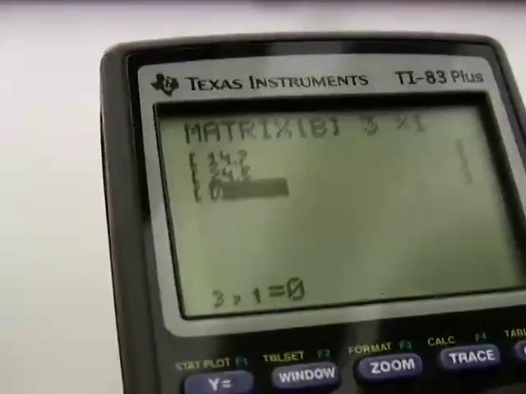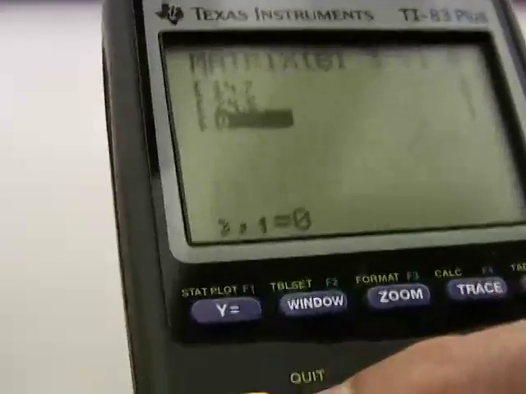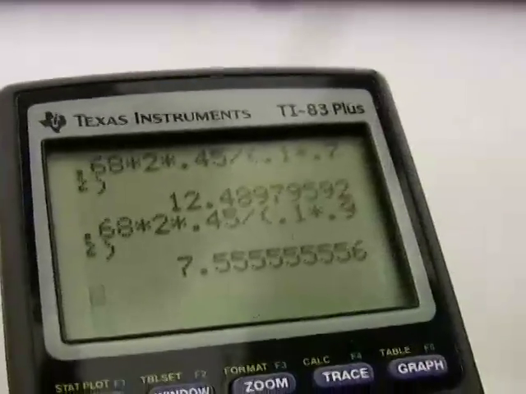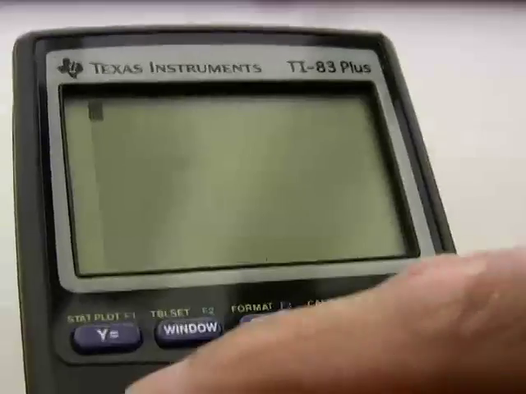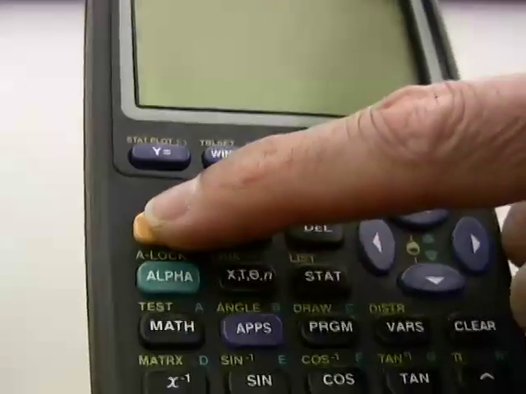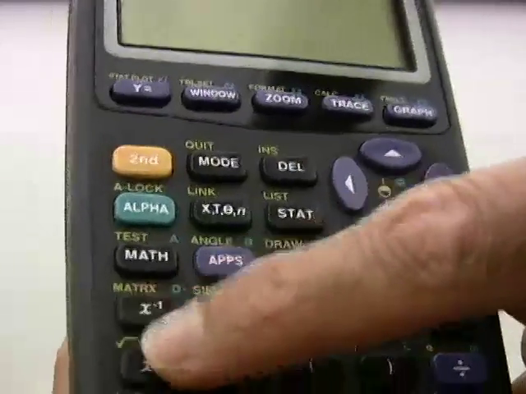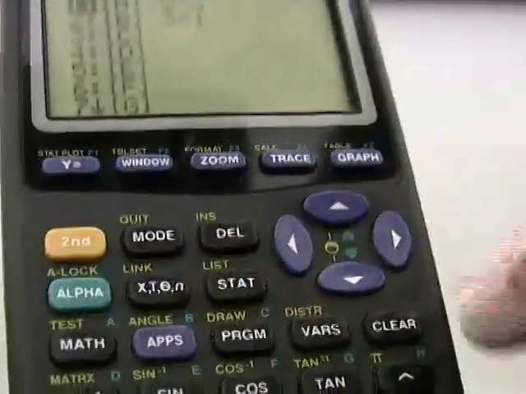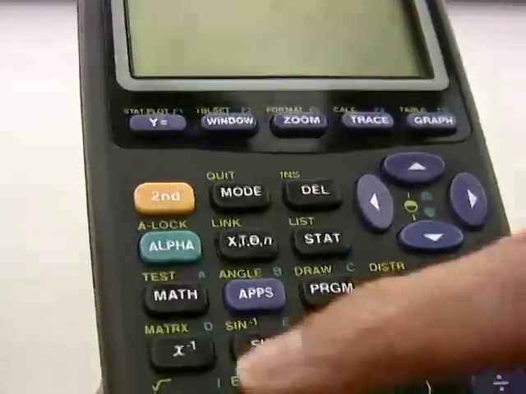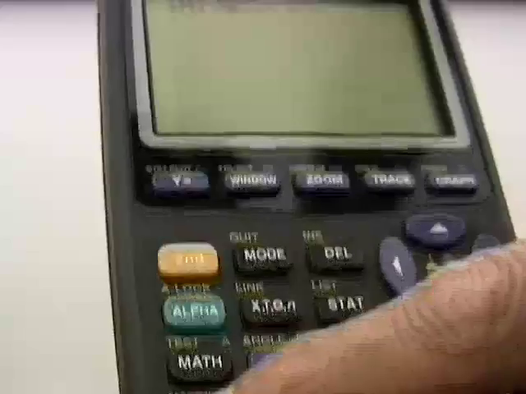Once you have those values entered, quit the screen and go and collect your matrix A. How? Second matrix, select A, simply enter and take the inverse of it.